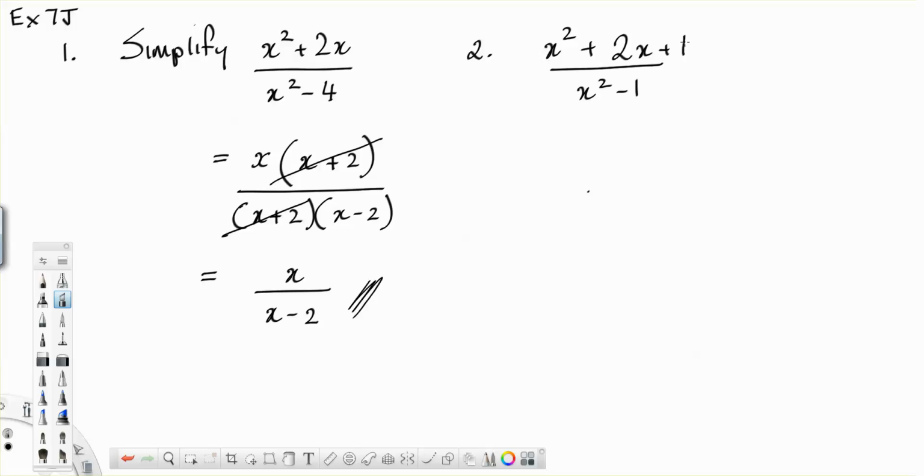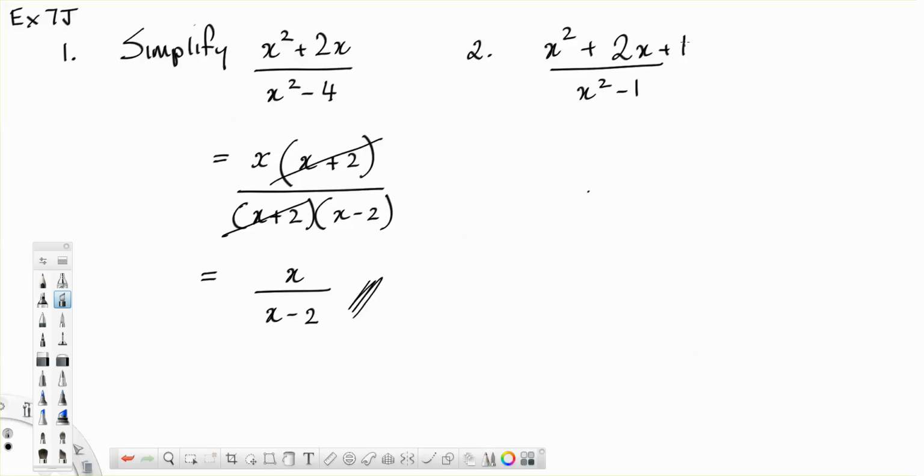So that is a perfect square. It's the a plus b all squared expression, and so we can factorise that quite easily.